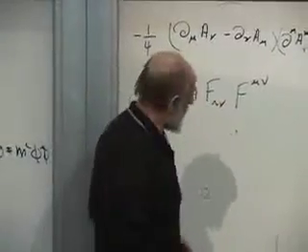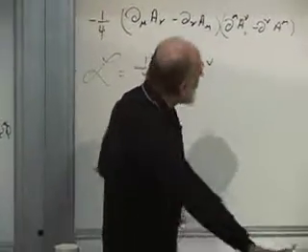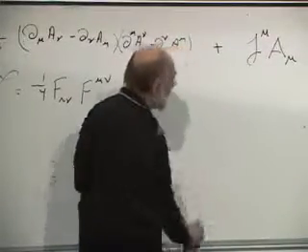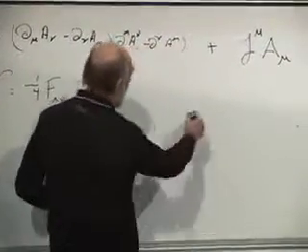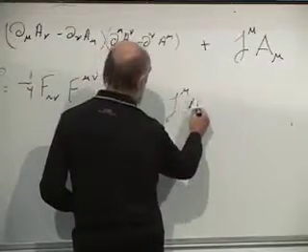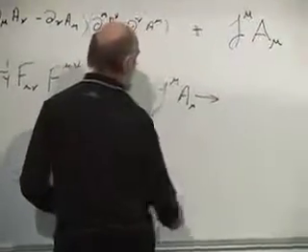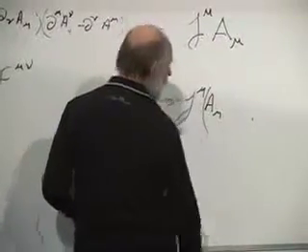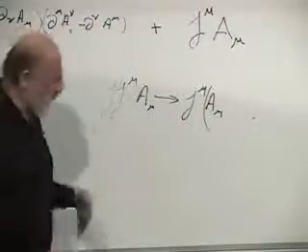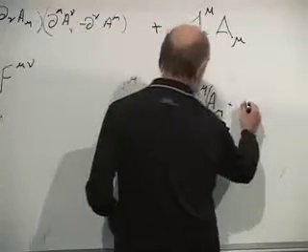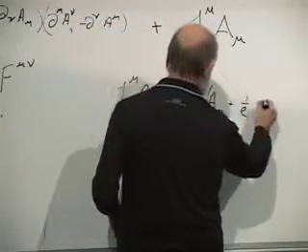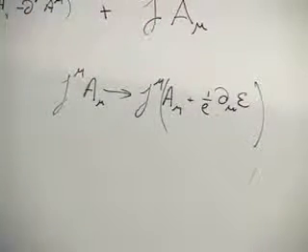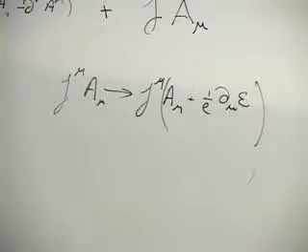What happens to J A when you gauge transform A? J mu A mu will change to J mu A mu plus 1 over the electric charge times d mu epsilon. That's the way the vector potential changes.